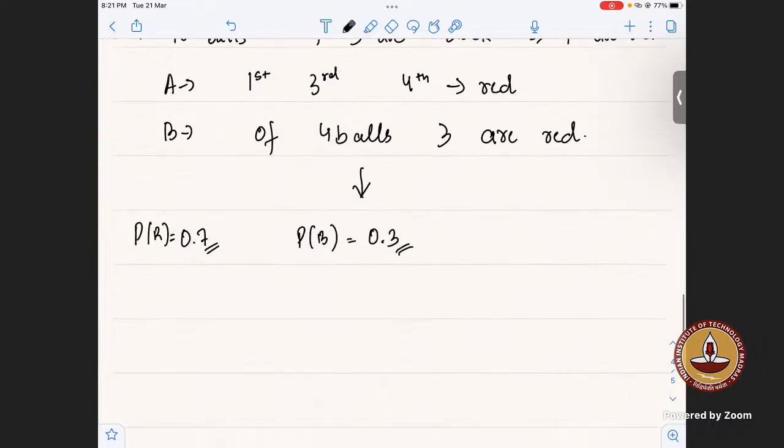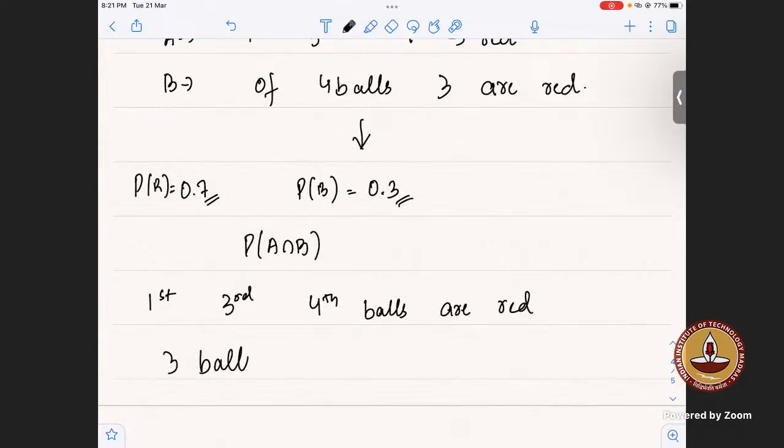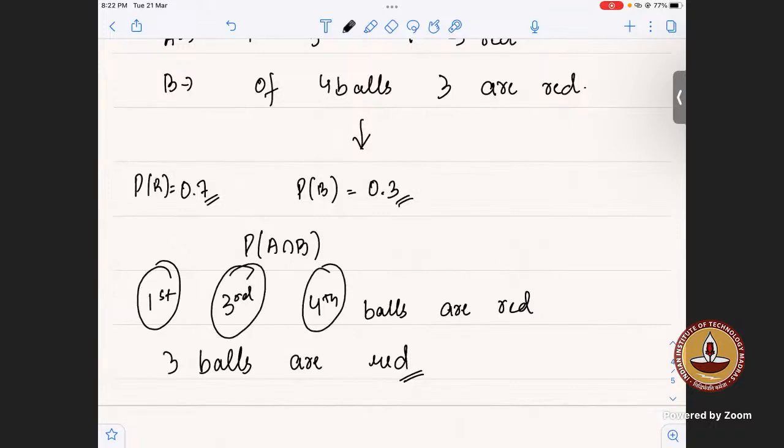So then, what is probability of A intersection B? What is our A? A is that the first, third, and fourth balls are red. And what is B? 3 balls are red. Now we know that we have been given 3 balls are red, and A intersection B is basically the first, third, and fourth ball are red.